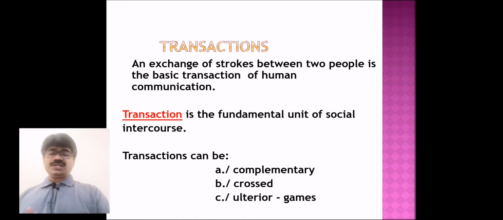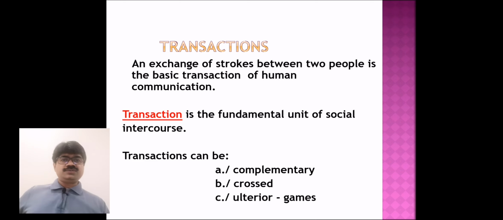When you say something and you get something from the other person, the transaction is complete. Usually we say financial transaction: you give something and you get something. Similarly here, when you say something and you get something in reply, the transaction is complete. So when there is a positive stroke from one side and you get a positive reply, then two positive strokes make one transaction.